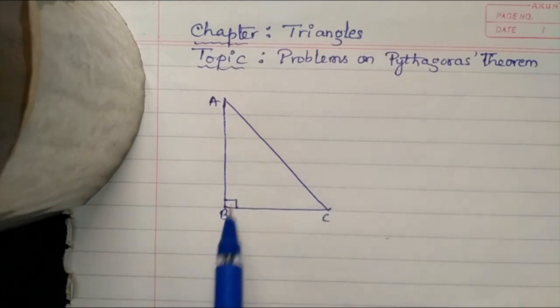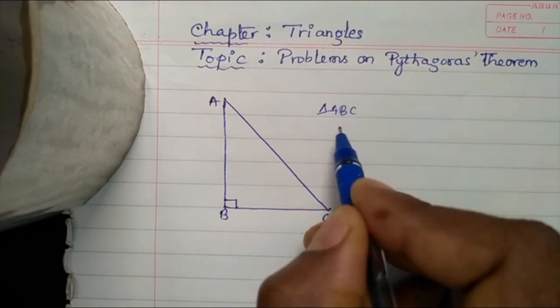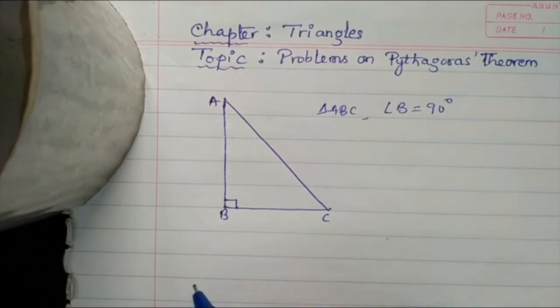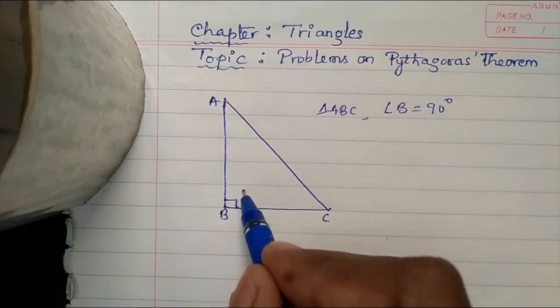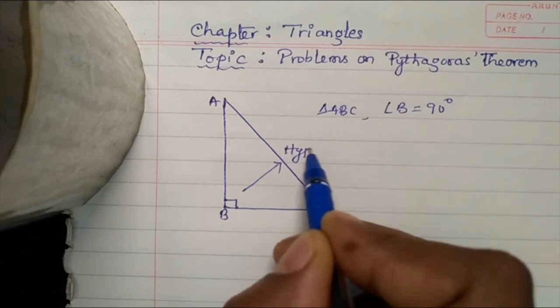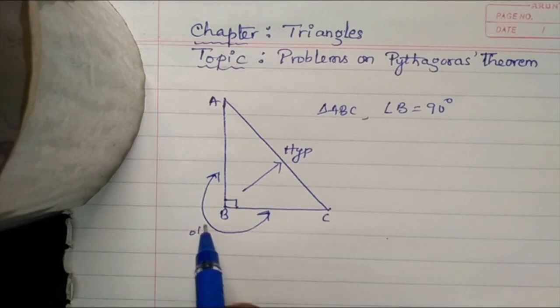So in triangle ABC, angle B equals 90 degrees, right? Angle B is equal to 90 degrees. So when angle B is 90 degrees, obviously AC becomes the hypotenuse. These two are the other two sides.